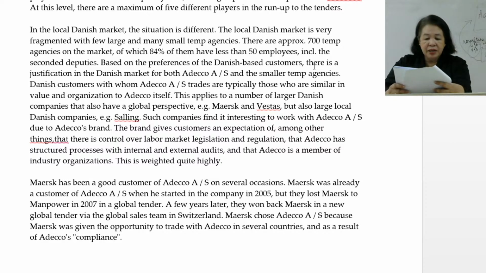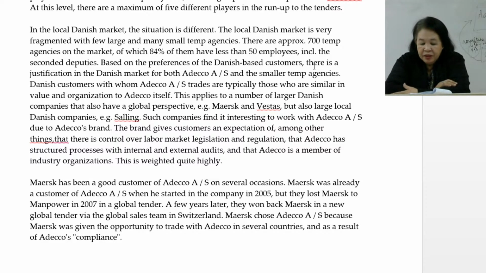So in the local Danish market, the situation is different, no? The local Danish market is very fragmented with few large and many small temp agencies. Sa Danish market naman, ang daming temp agencies or yung mga staffing agencies, no? Sa atin, recruitment agencies, no?